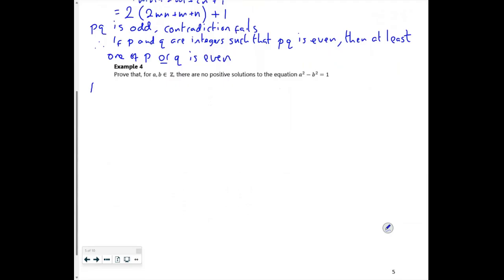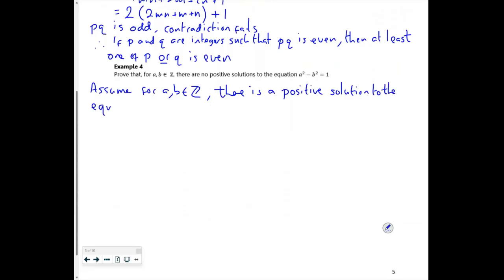So assume for A and B being integers, there is a positive solution to the equation a squared minus b squared is 1.